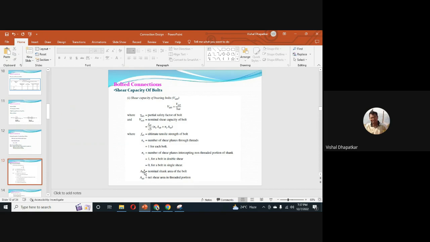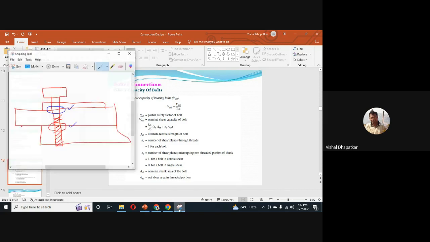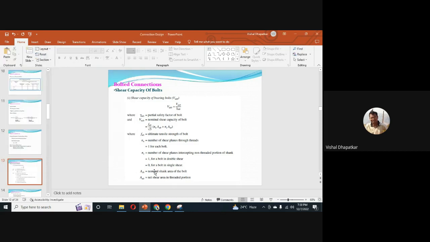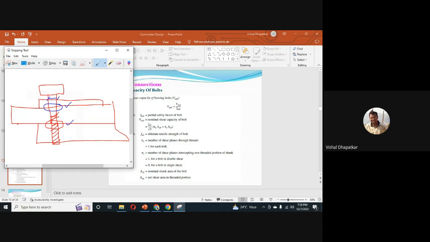Now ANB and ASB. ASB is the nominal shank area of the bolt. Nominal shank area of the bolt means this area where there are no threads. So it is the complete area available for the shear, and ANB is the net shear area in the threaded portion. In this case, due to threads, the total area is getting reduced.